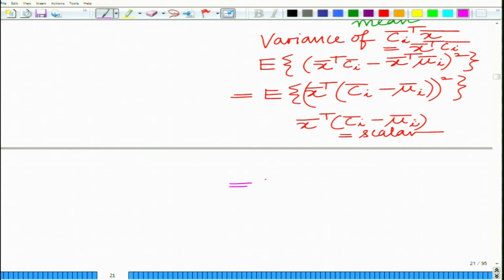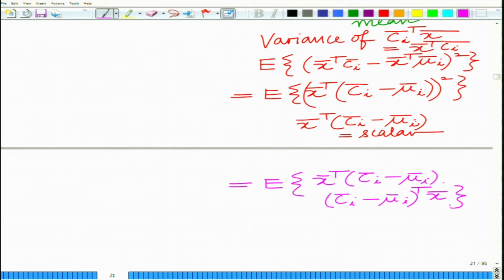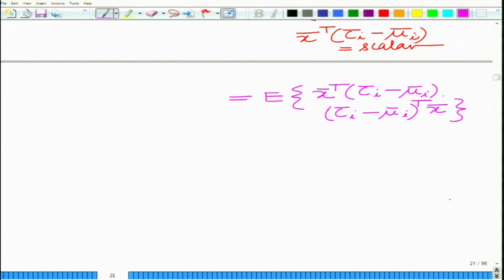So, this is therefore equal to the expected value of x bar transpose (C bar i minus mu bar i) times its transpose, which is (C bar i minus mu bar i) transpose times x bar, which is basically the expected value of, I can take the x bar outside.